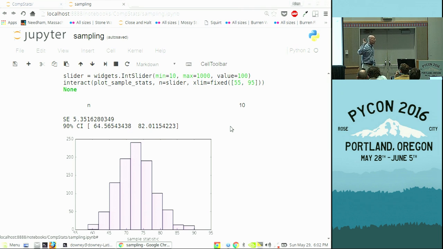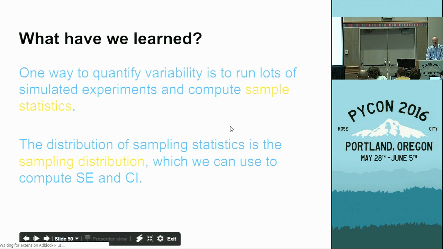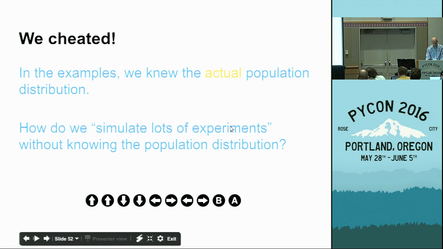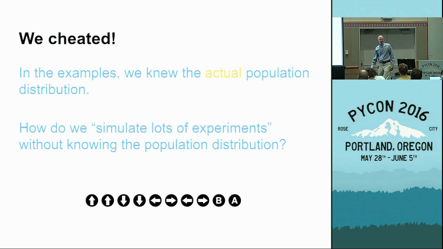So that's understanding what the sampling distribution is and how you get from a sampling distribution to a confidence interval and a standard error. However, and this is the cheat that I mentioned, I started as if we knew the entire population, and we don't, because again, if we did, we wouldn't have to do the experiment in the first place.